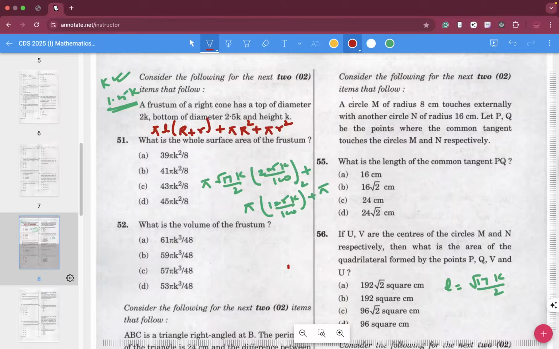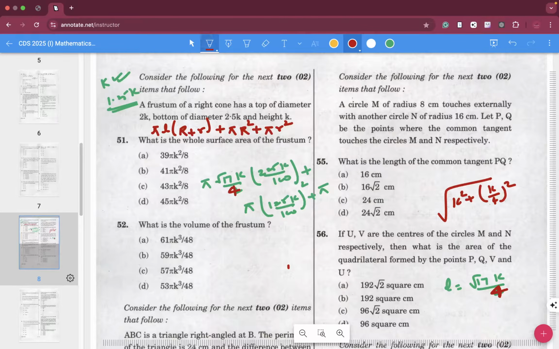Unfortunately, we made a mistake in the slant height. What we found out was k square plus k by 4 whole square, so 17k square by 16.